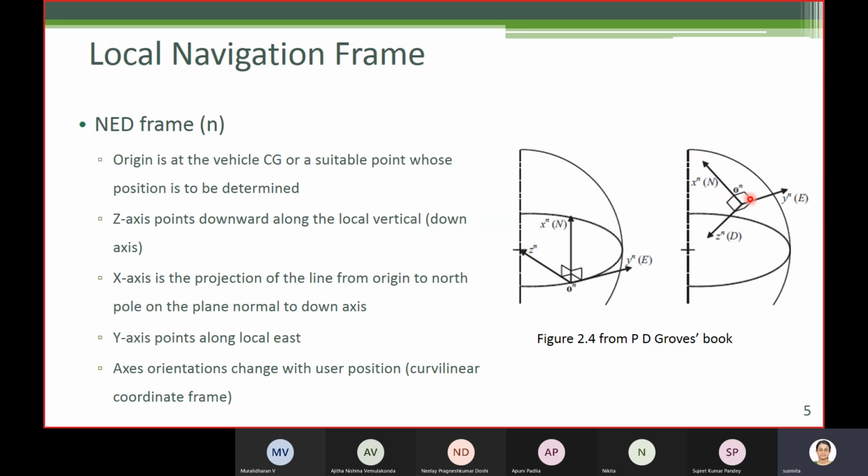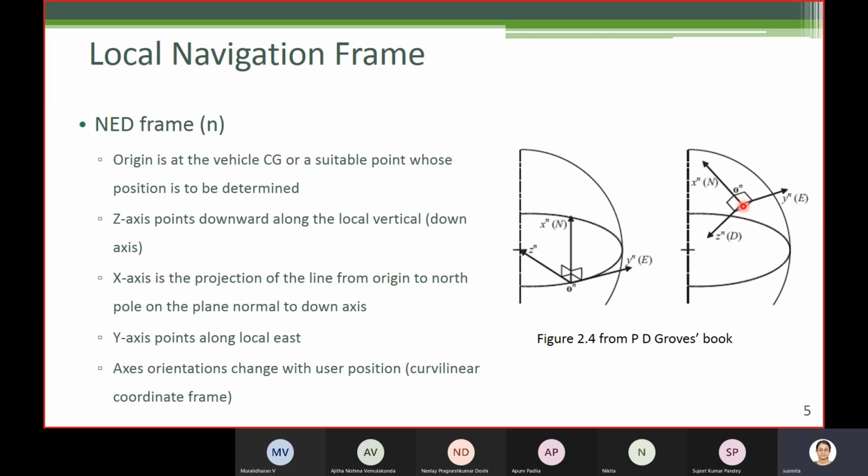And then we take the projection of that curved line that we got by connecting this origin and the North Pole on this plane which is normal to the vertical axis, the z-axis. That line is actually the x-axis.